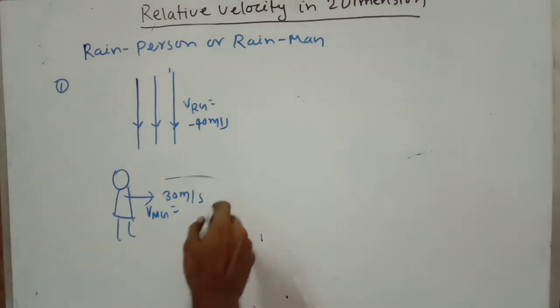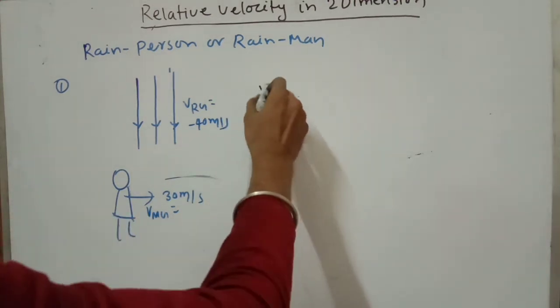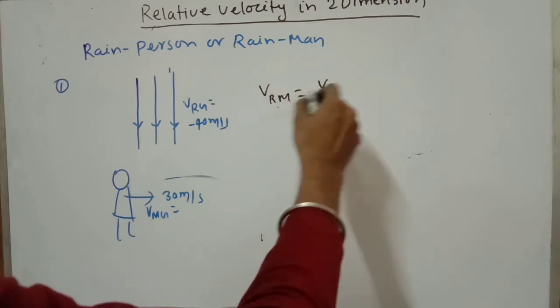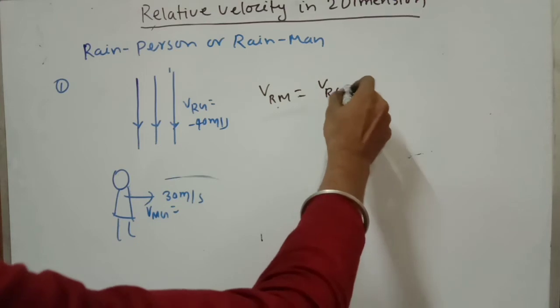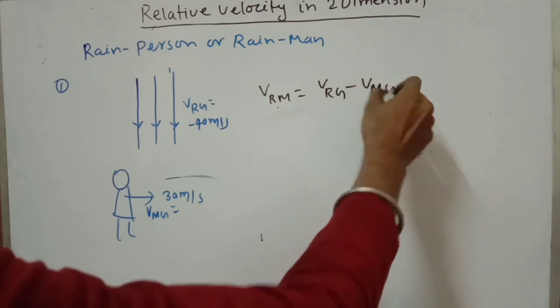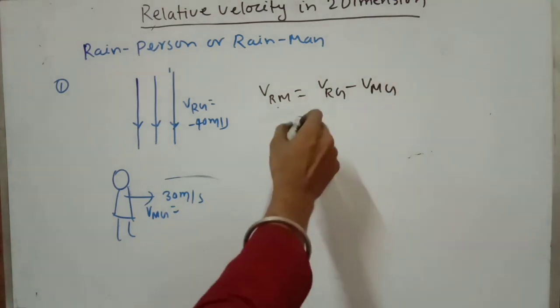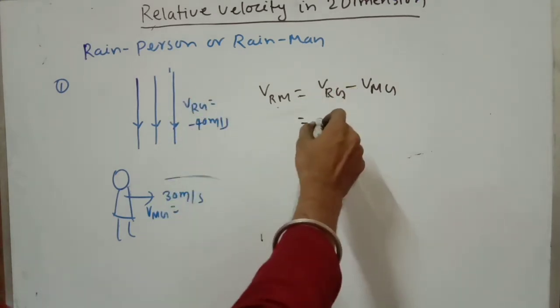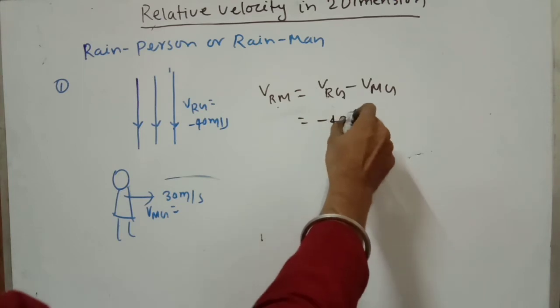First of all, write the velocity of rain with respect to man. It is the velocity of rain with respect to ground minus the velocity of man with respect to ground. The velocity of rain with respect to ground goes vertically downward, so you can write 40 j cap.